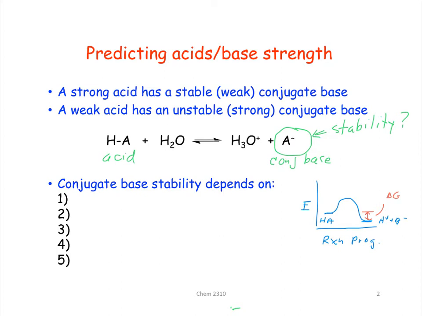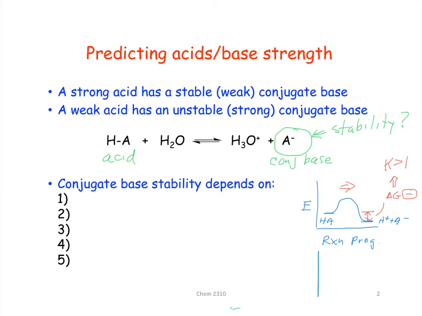If the products are lower in energy, like is shown here, remember that the delta G here would be negative, and this leads to an equilibrium constant which is greater than 1. So that means that in this case the reaction equilibrium lies towards the products, and so this acid is dissociating, meaning that it's a strong acid.